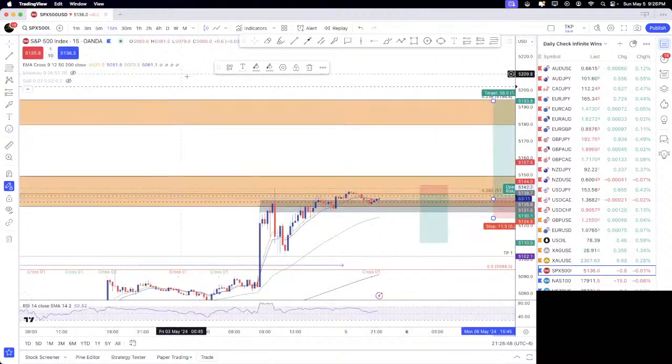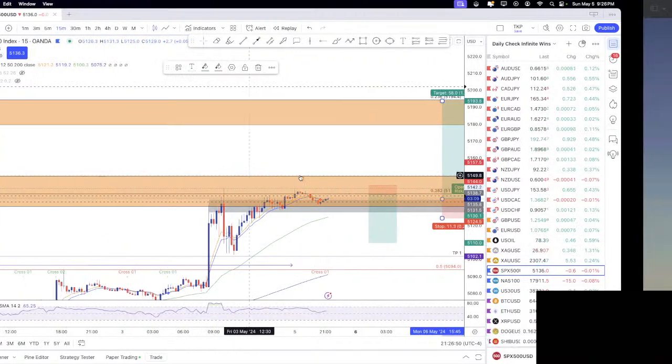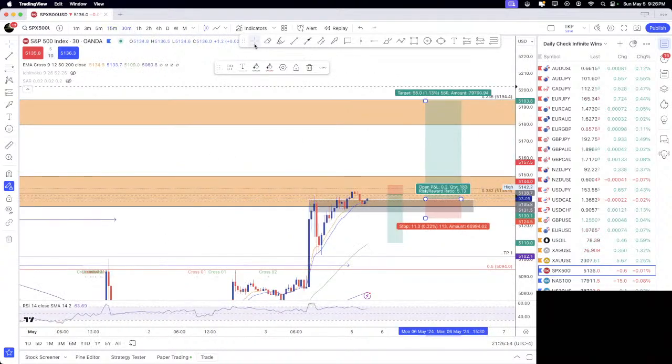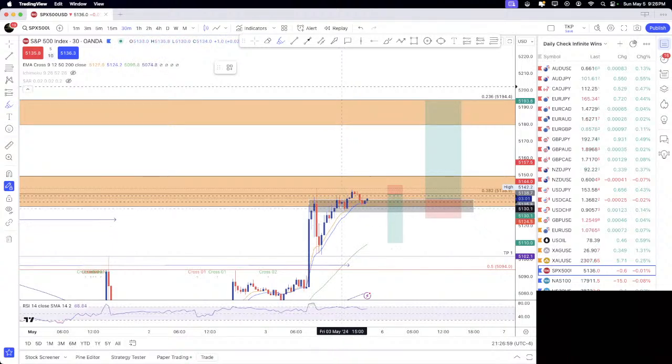Right now, taking a look at the EMAs and the way price is starting to give rejections above this area here, it looks like it's creating support. We also have this double bottom pattern.